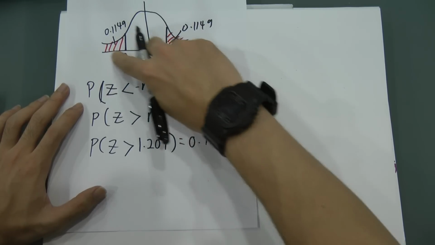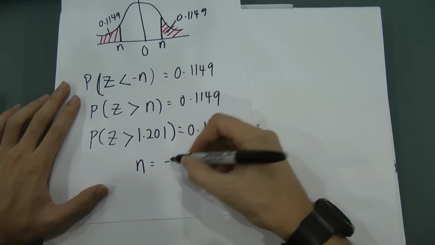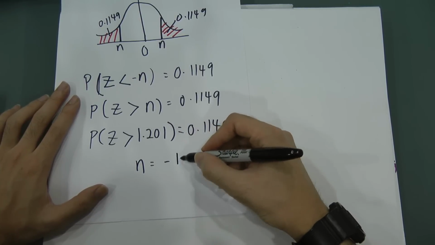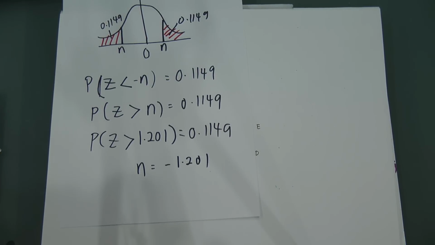Therefore n is negative 1.201. Okay, you got the idea how to solve this kind of question. I hope this example gives you some idea on how to solve for the value n.